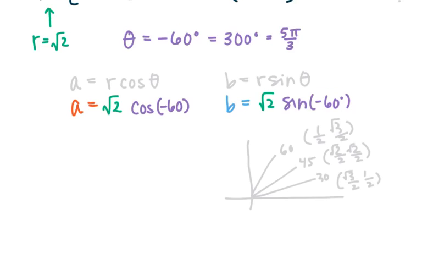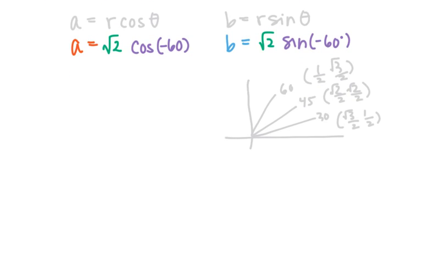What would be my 60 degrees in quadrant 4? Down here at negative 60, what happens to that ordered pair at negative 60 degrees? So the x value stays positive, but the y value becomes negative. So we've got negative root 3 over 2.